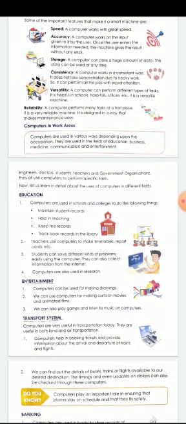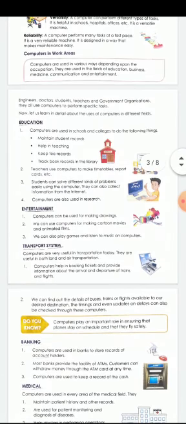A computer works in different work areas. According to the work area's demand, the computer is able to work and serve its purpose. That is called versatility. Next, reliability. Reliability means checking the performance of consistency. If a computer maintains consistency very well, then that computer is called a reliable computer.